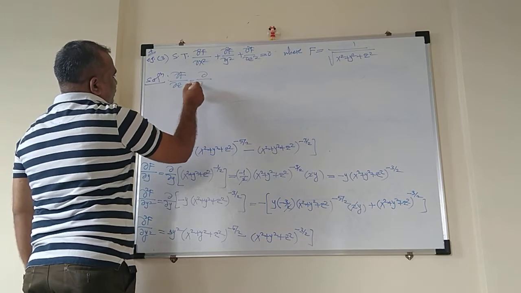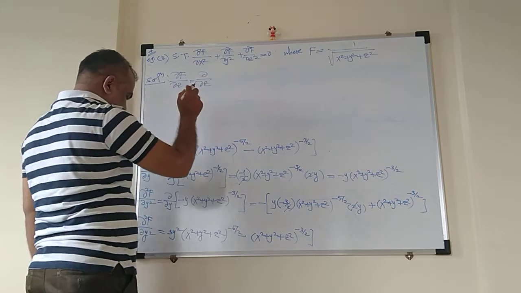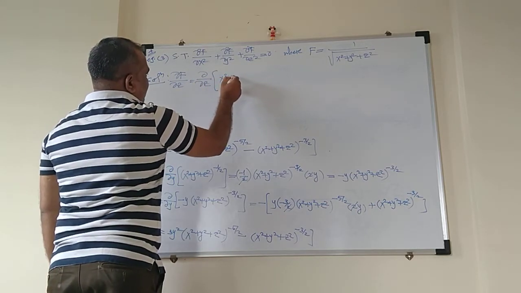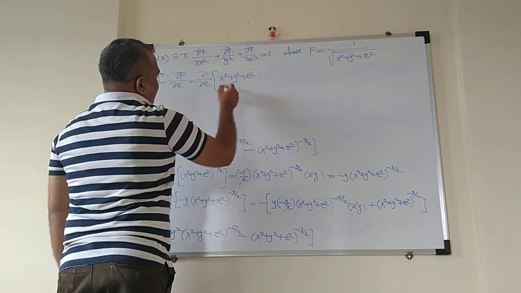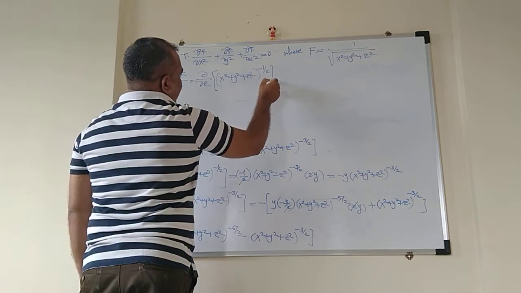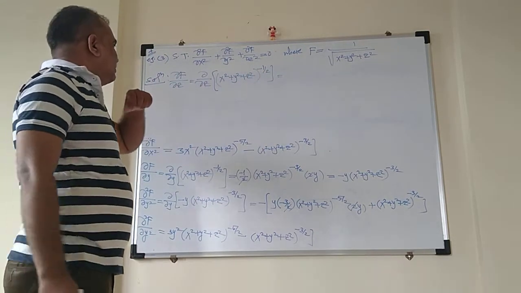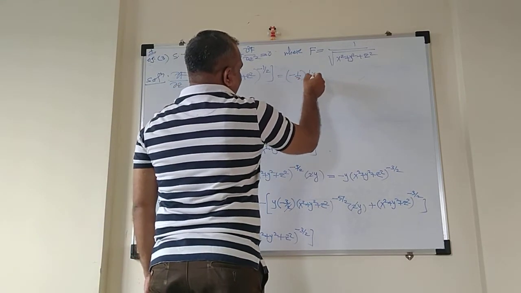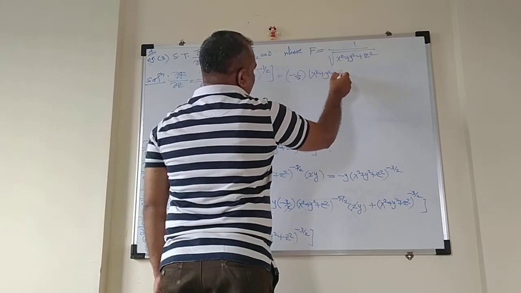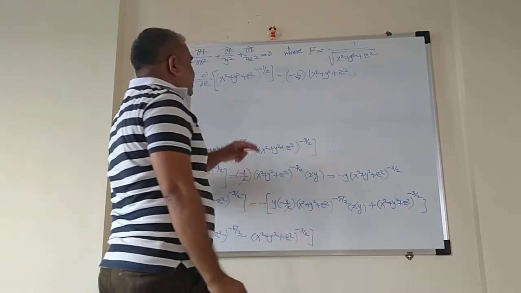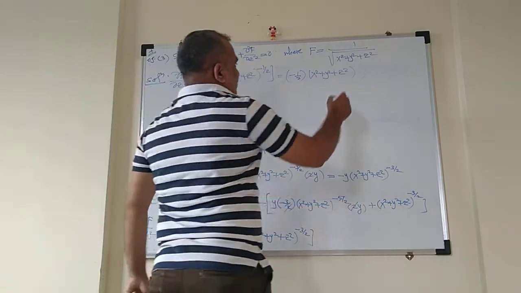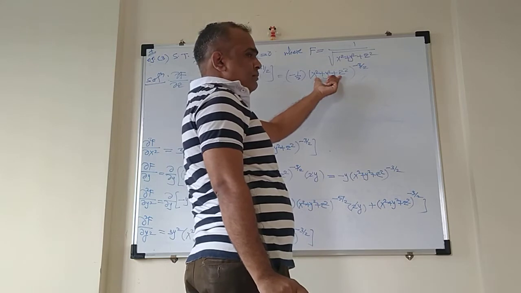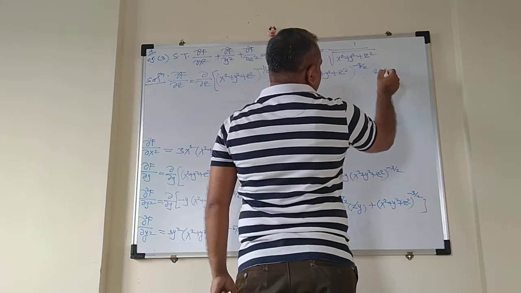So this is equals to dou by dou z of the given function, and your given function is x square plus y square plus z square raised to power minus half. And if you differentiate this with respect to z, you will get minus half times x square plus y square plus z square raised to power minus half minus 1, which will be minus 3 by 2, into differentiation of this bracket with respect to z, which will be 2z.